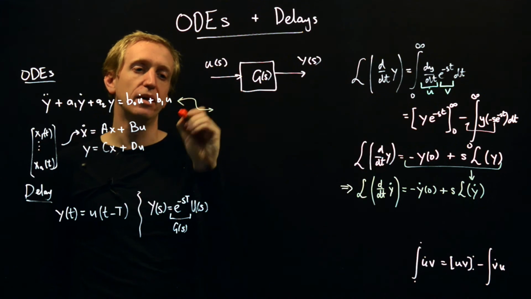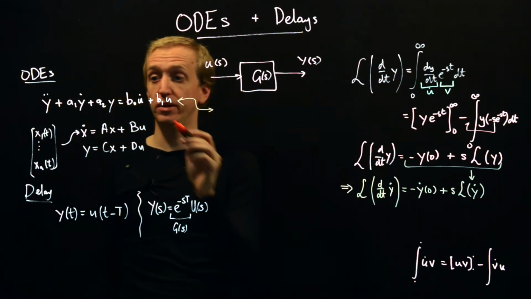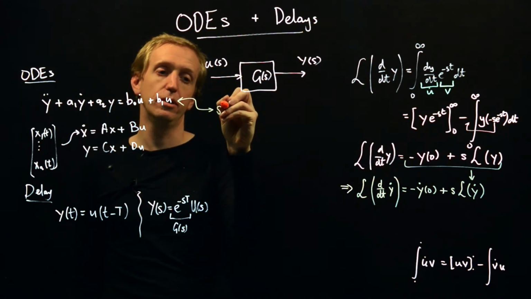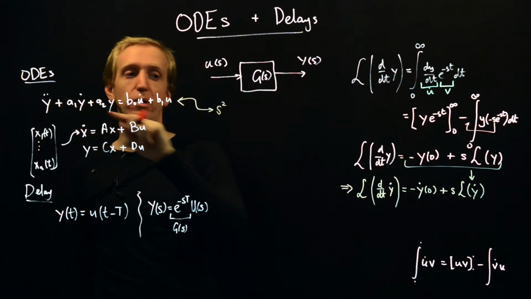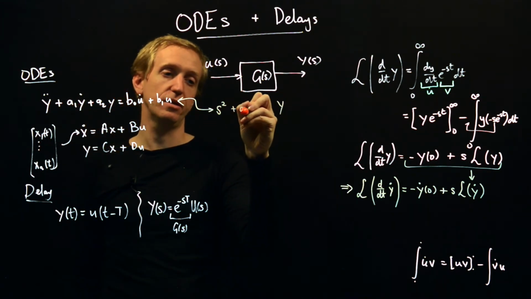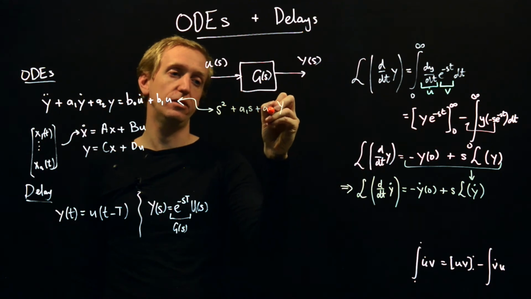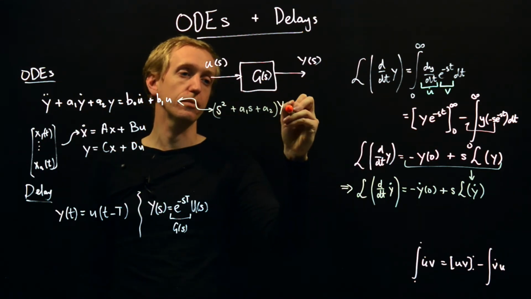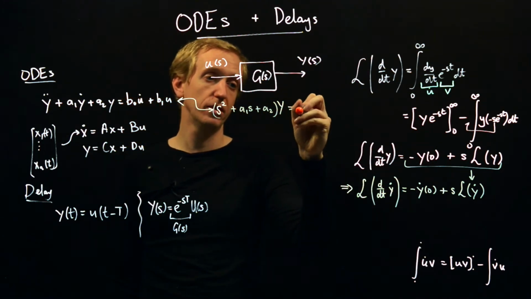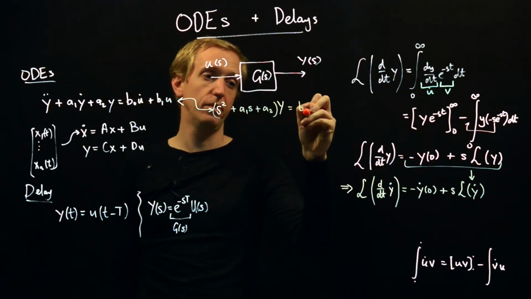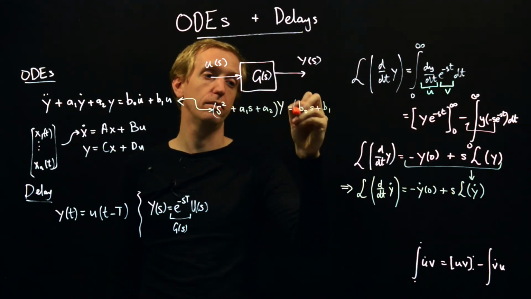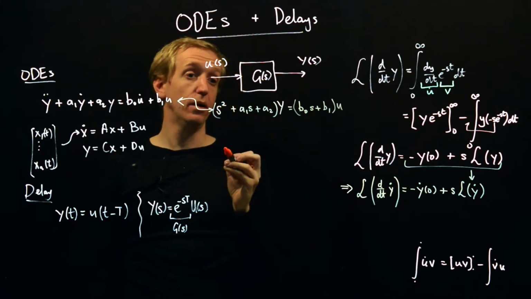Hopefully you can see that if we assume 0 initial conditions, then this equation collapses down to s squared multiplied by y, so let's put our y there, and then here we'd have a plus a1 s plus a2, and then we get the same thing involving u's, so here we'd have b0 s plus b1 times u, and then we're almost there.